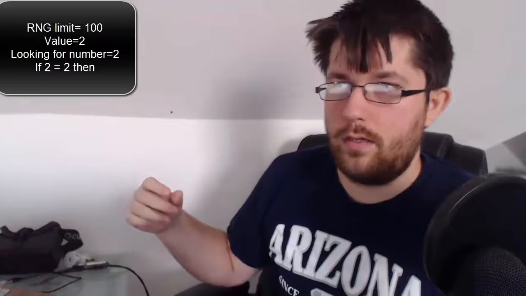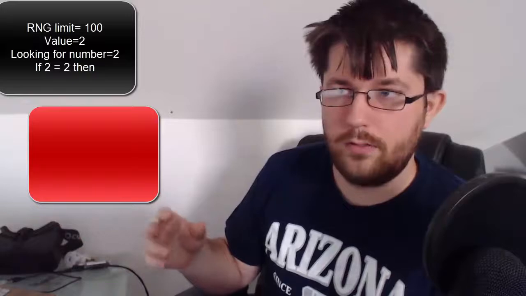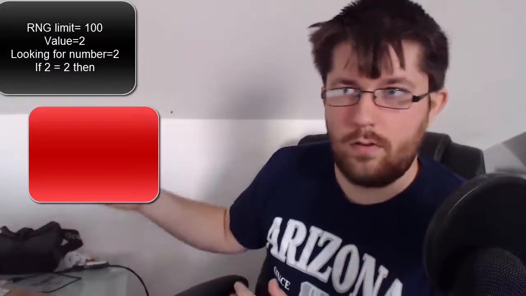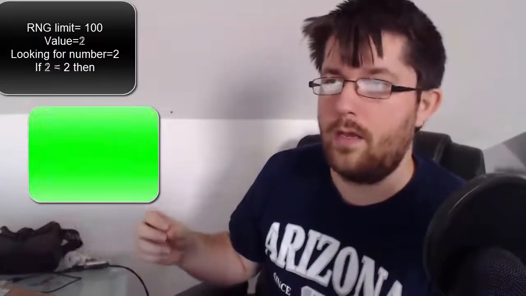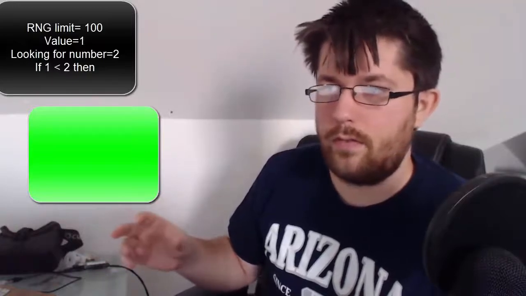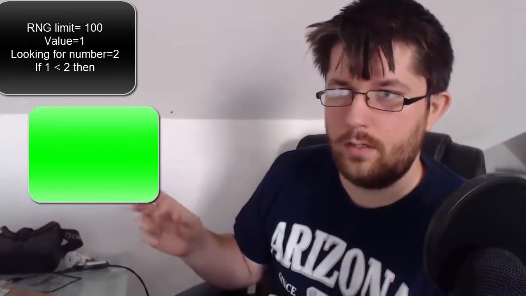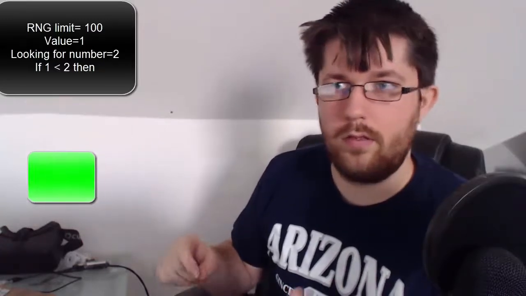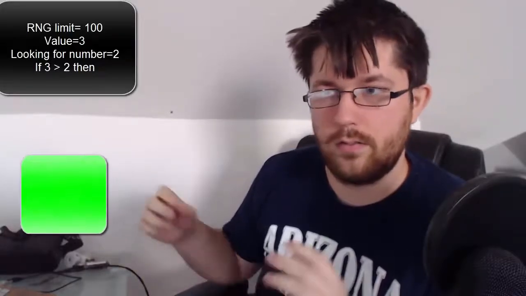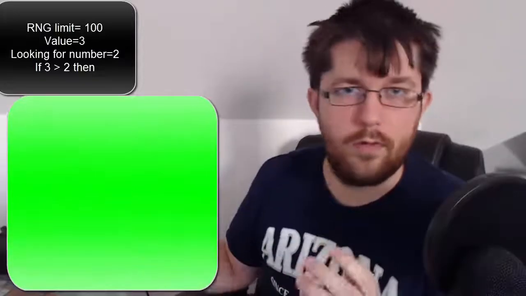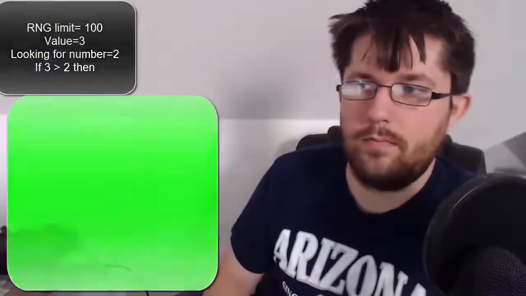Then if X, the value, is 2, then change the colors of the block. If, however, the value of X is smaller, then make the square smaller. If the value of X is bigger, then make the square bigger. You can also do greater than or equal to, less than or equal to. So keep that in mind.